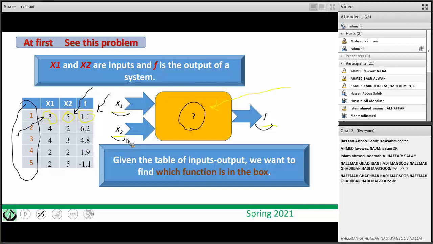This is the problem that we want to solve today. The problem of estimating a function. You want to find a function.